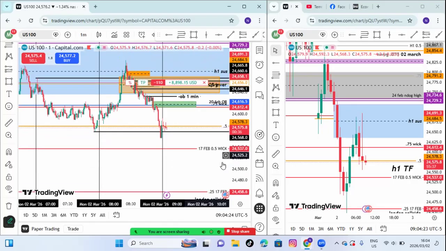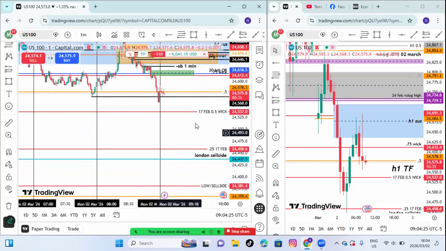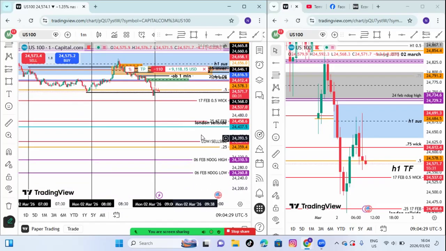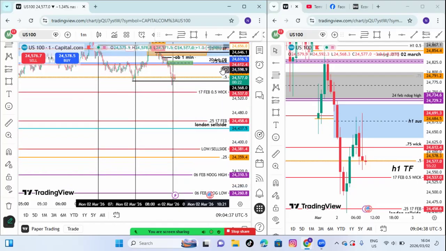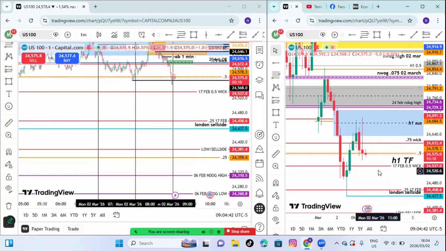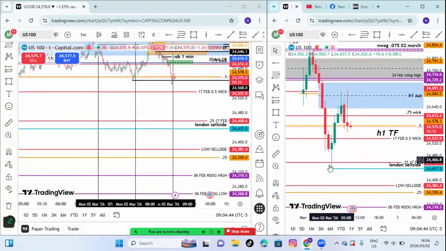So I know we still have London sell side, and below that we have another sell side, the daily low, and below that we have this, it's a draw. So there's more. And on the 1 hour there, we also have this wick here.